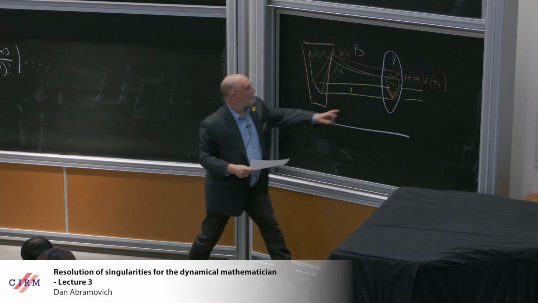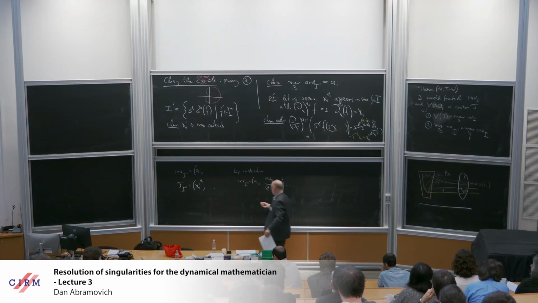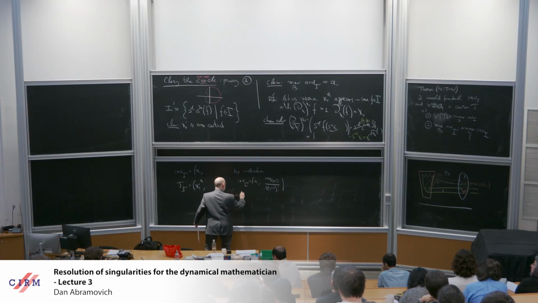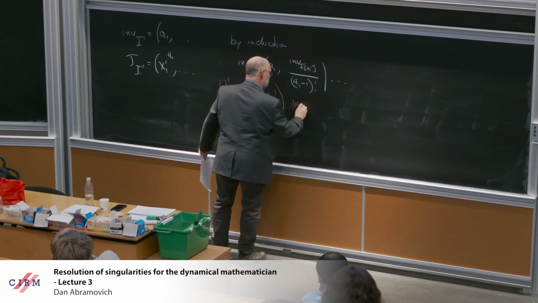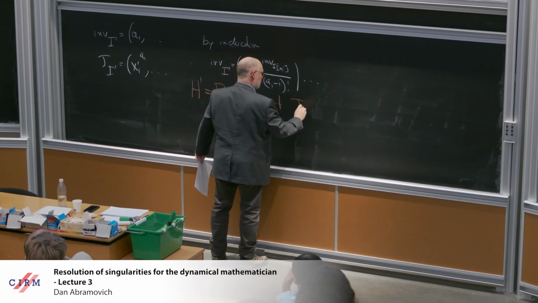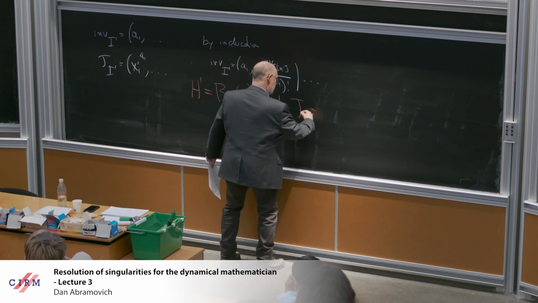And the point is that H prime is the deformation to the normal cone of H with respect to the J x1, J h, or J, yeah.